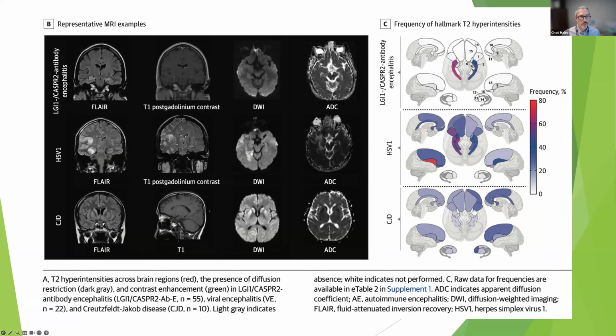This is a coronal image, which is not standard on most MRI protocols, which can make this hard to pick up if you're just using axial FLAIR images. But you'll see just this subtle increased T2 hyperintensity, which could suggest a little bit of inflammation, a little bit of swelling in that part of the brain. Sometimes you don't even see enhancement with that, so it might not even look like it's an active process.